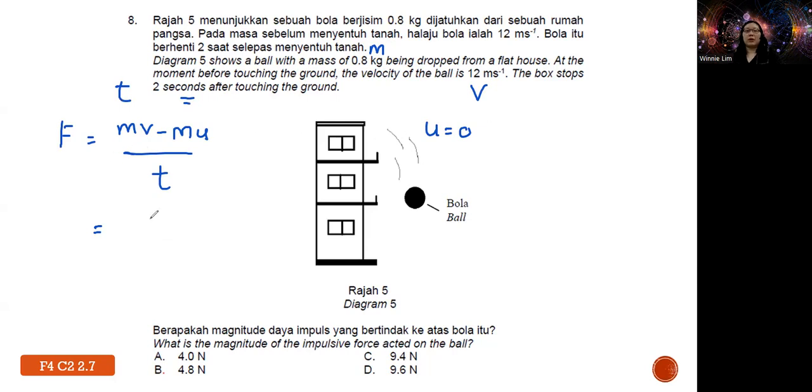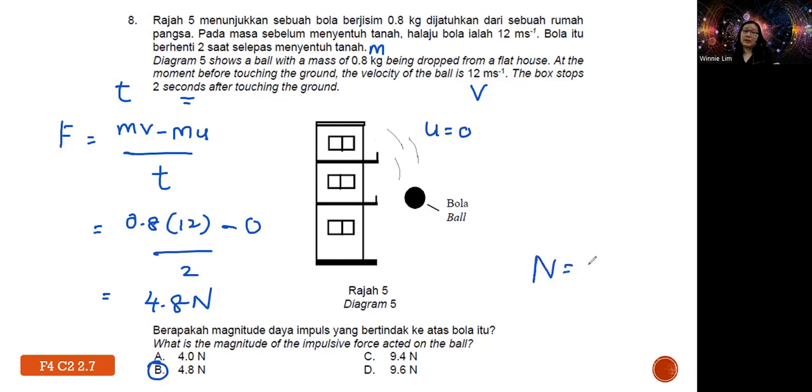So you have all the quantities given, you just substitute accordingly, 0.8 times 12 minus 0, because u is 0, then divide by 2, and finally you're supposed to have your answer as 4.8 Newton. And Newton is the same as kg m s^-2. Sometimes the answer given may have a different unit, but you should know that Newton is also the same as kg m s^-2.